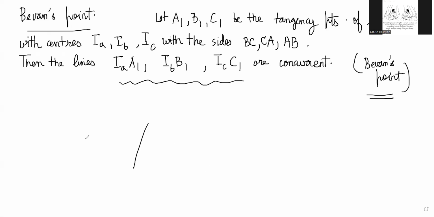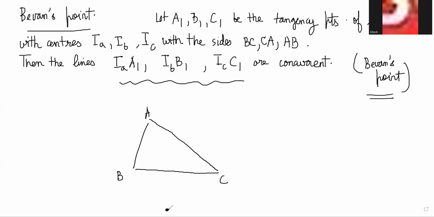For Carnot's theorem, what do you have to do? If this is IA and the point of tangency is A1, it will be somewhere here. This is the point of tangency of the circle.